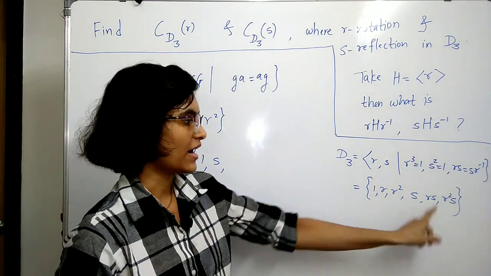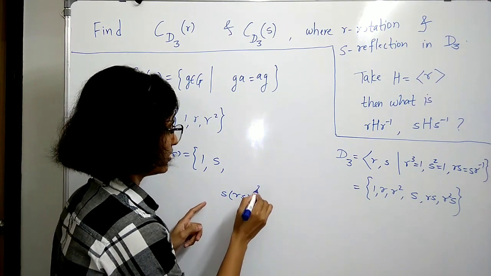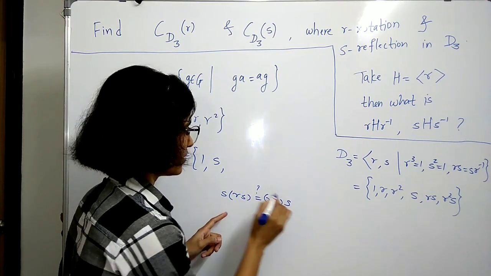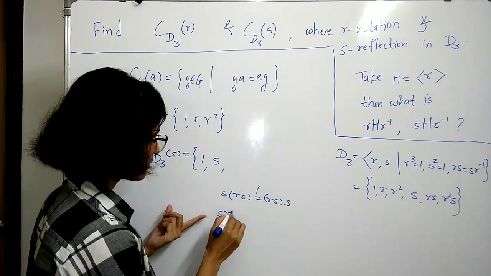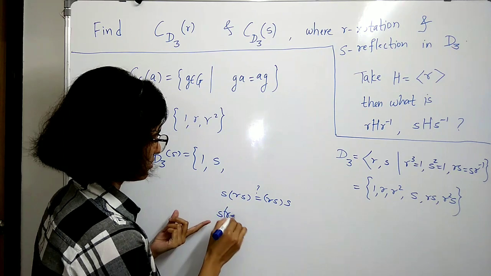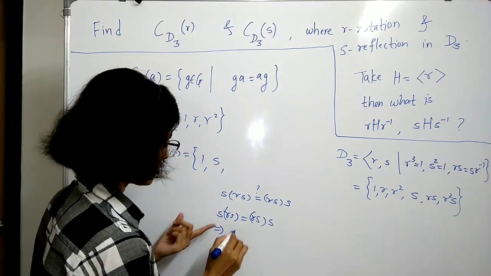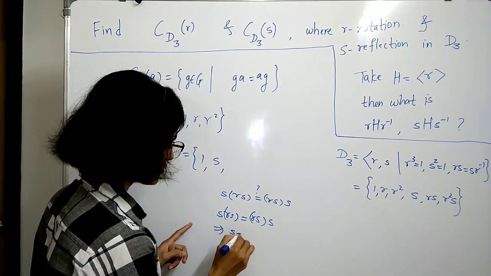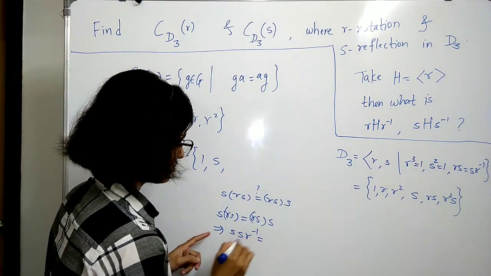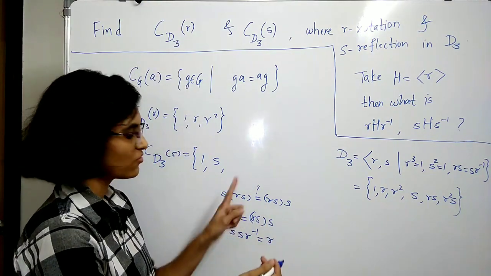Now let's go for RS. So whether this S times RS is equal to RS times S or not, right? So if this is true, then we have RS is equal to RS times S, which gives, now RS is equal to S times R inverse, and this is just R times this S square, which is 1.